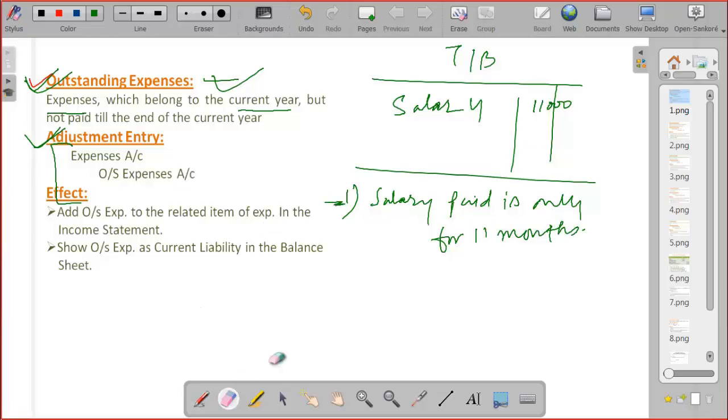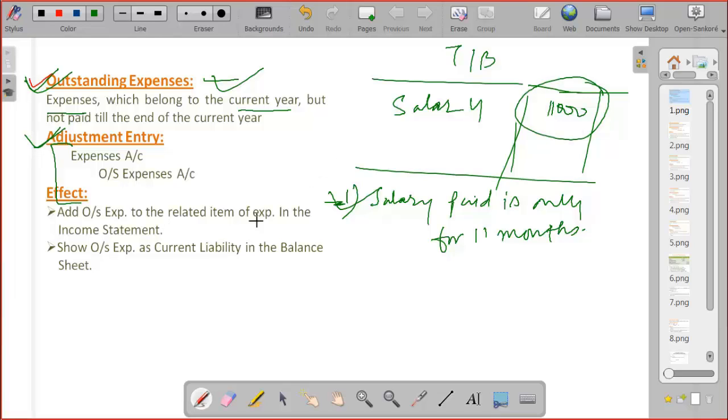So salary as per trial balance is how much? Only 11,000. This is given in the trial balance. And what is the additional information? That this is the salary paid, and this belongs to only 11 months.